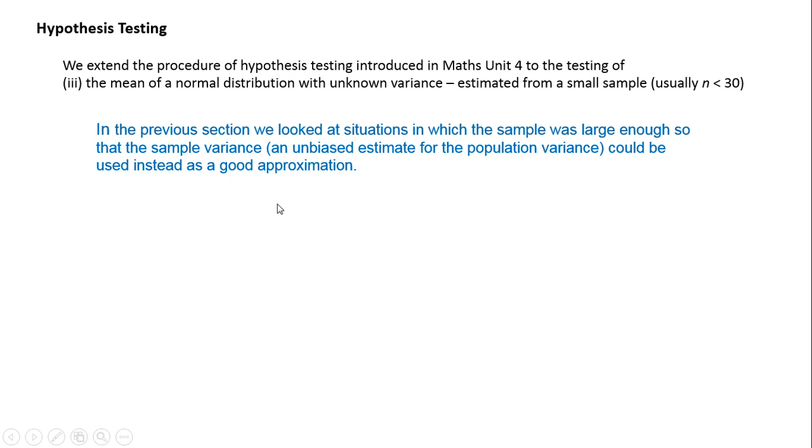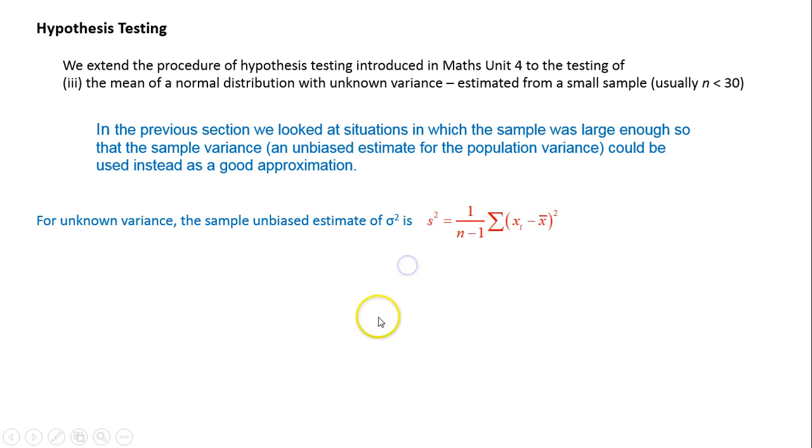In the previous section, we looked at situations in which the sample was large enough so that the sample variance, which is an unbiased estimate of the population variance, could be used instead as a good approximation. For unknown variance, a sample unbiased estimate of sigma squared is S squared, which is defined to be that formula, or that formula, or that formula.